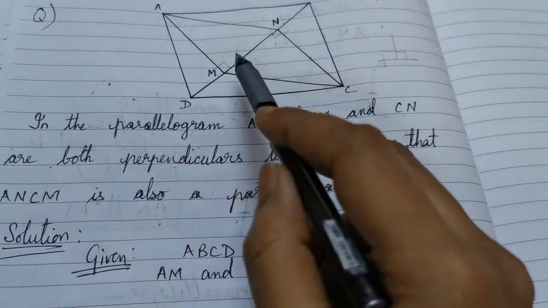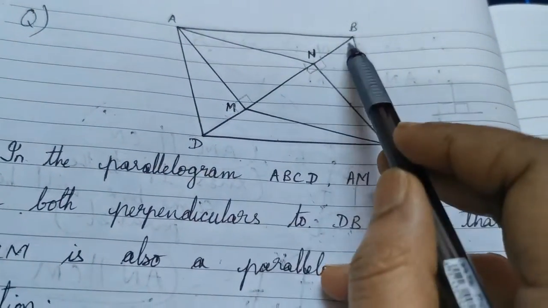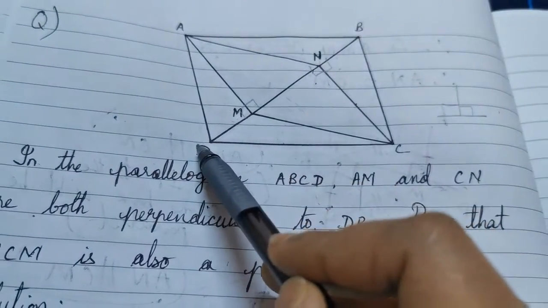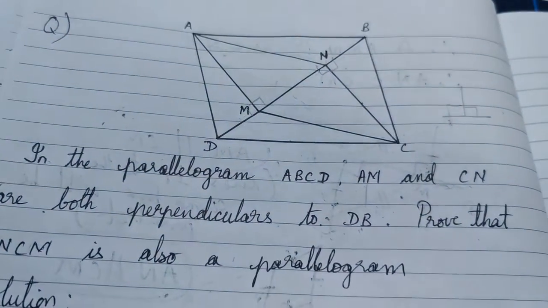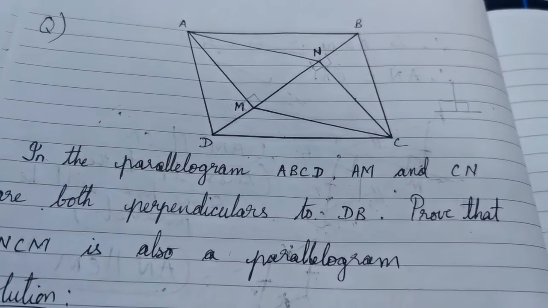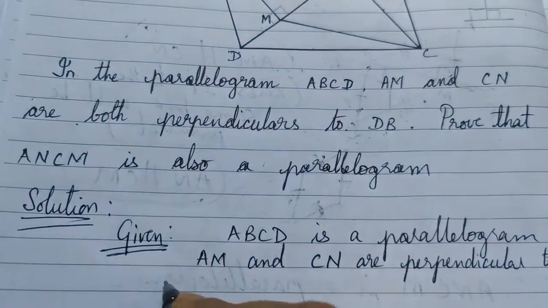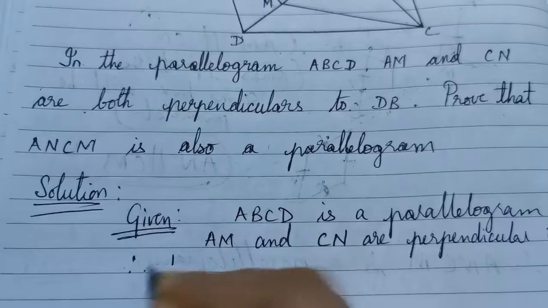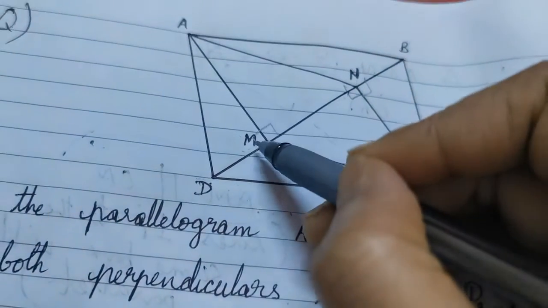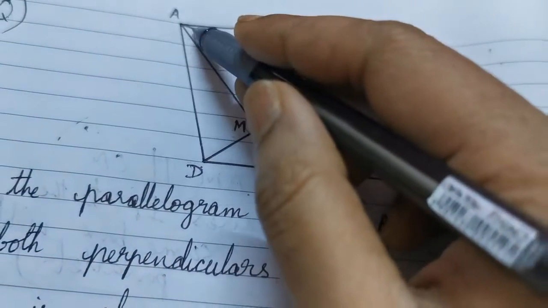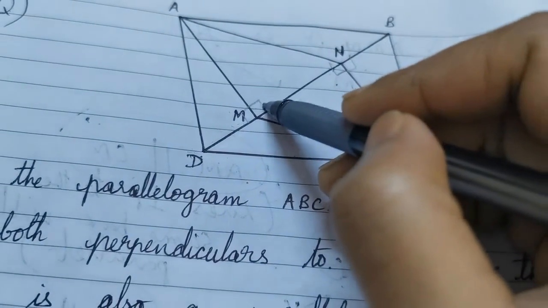When AM is perpendicular to DB, that means angle AMB and angle AMD are 90 degrees. Therefore, angle AMD, which is this angle, and the other angle, AMN, this angle is also 90 degrees.